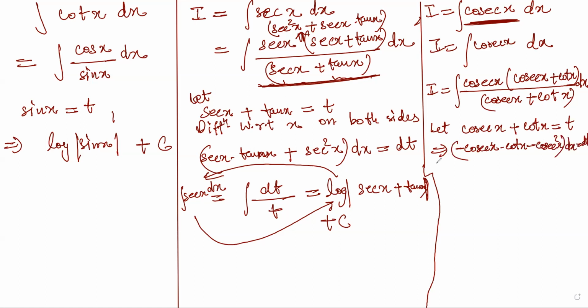You can take this negative common. This would become the same expression as above. So you can do this as minus of dt divided by t, which is nothing but minus log t. Minus log t is log 1 upon t. This would become log of 1 upon cosec x plus cot x.